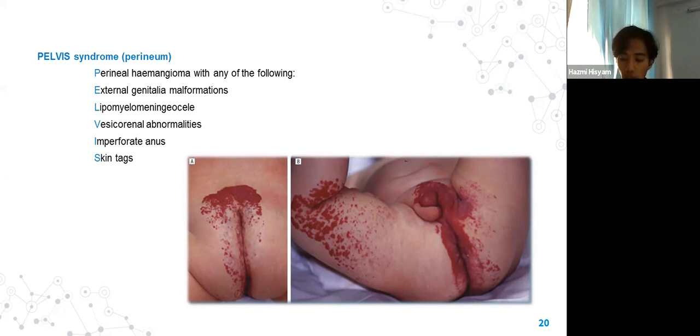This mass will attach to the spinal cord and pull it downward, and it will cause several symptoms. The V is vesicorenal abnormalities such as vesicoureteral reflux or imperforate anus. And S is skin tag, a painless, non-cancerous skin growth, and it is connected to the skin by a stalk called a peduncle.